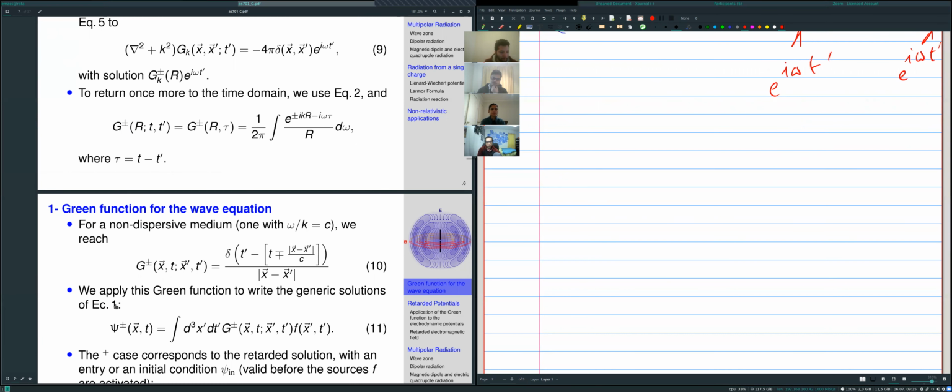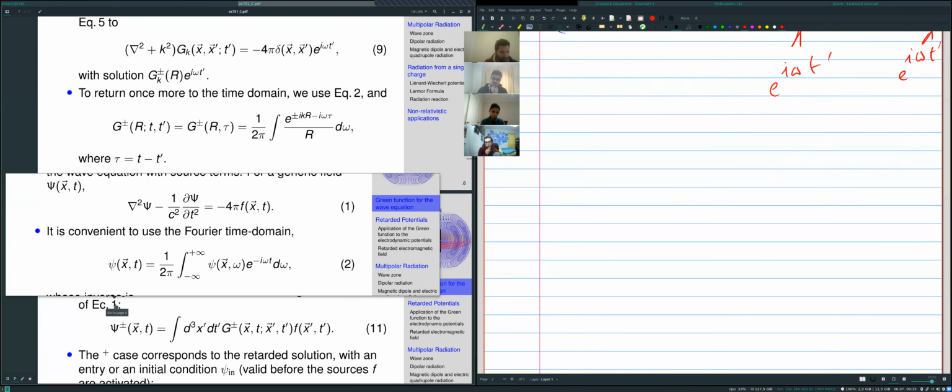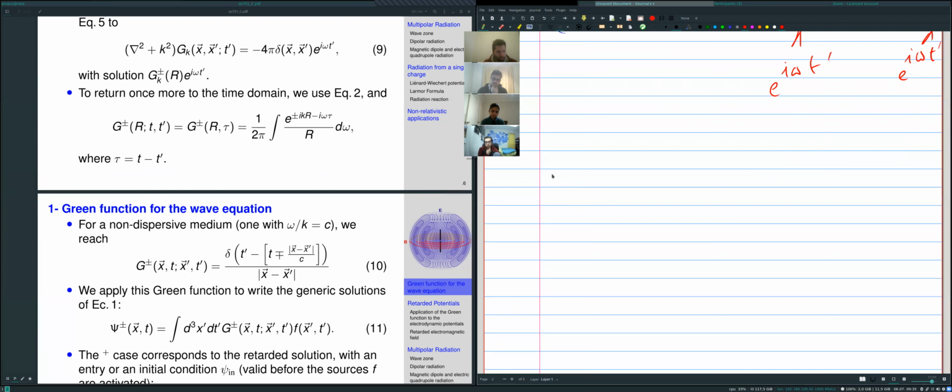So I need to remember, okay, it's phi, and this is our master equation, if you want. Nabla squared phi minus 1 over c squared d squared phi dt squared is minus 4 pi times the source term. This is what we're trying to solve. And then we solve this equation.